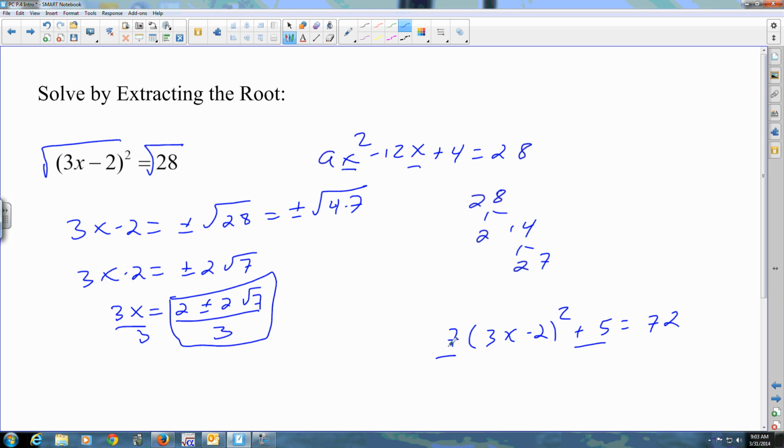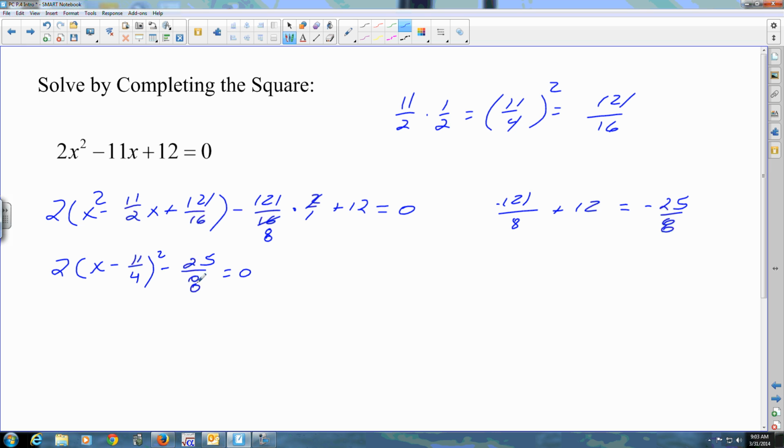Now, like I mentioned on this one over here, in order to extract the root, I first have to get rid of the 5, the 7, then take the square root to get rid of the square. Same deal here. So I need to add the 25/8 to the other side. Get rid of multiplying by 2, which means multiply both sides by half.